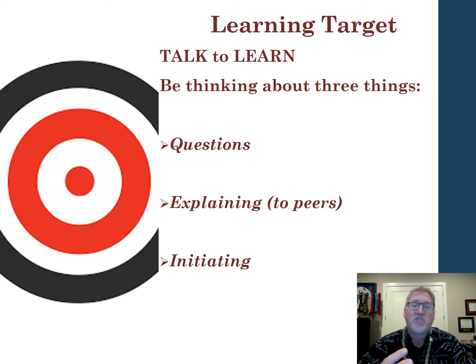And then how often do we have the students initiating their own learning, not just responding to questions, but initiating their own learning? So I want you to be thinking about your own classroom, but really there's not that much to think about. It's just how are our questions? Who do we have kids explain things to? And do we ever have them initiate their own learning? Now, as we look at the neuroscience, I just want you to see why those three things are so important.